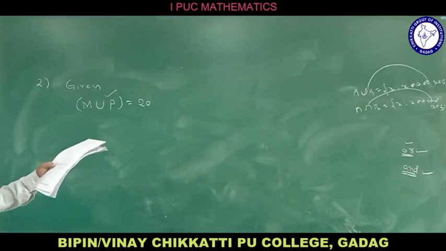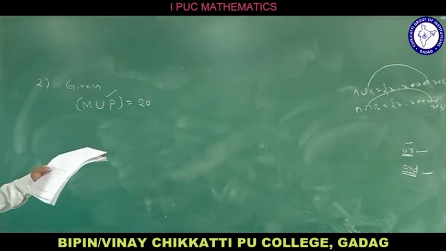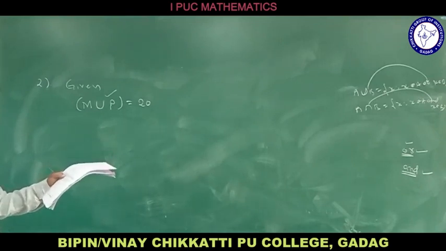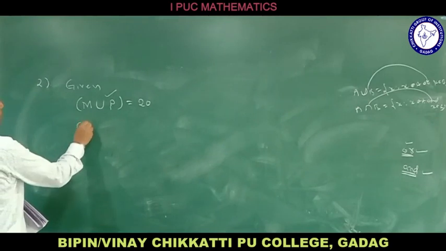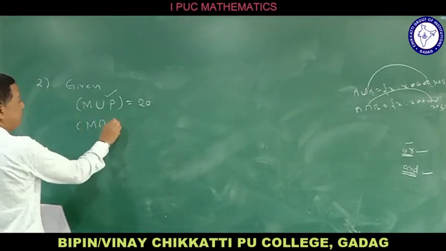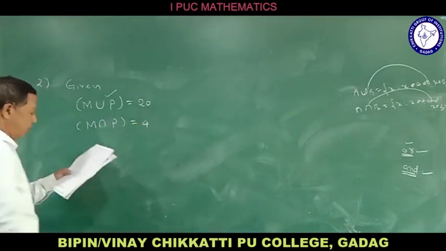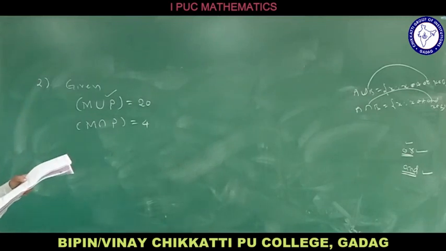Next, of these 12 teach mathematics and 4 teach physics. Here "and" is there, so you have to go for intersection, and M intersection P is equal to how many? Look at this, 4 or 12 here.